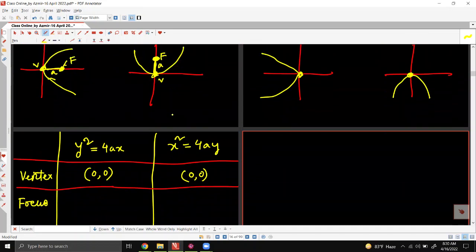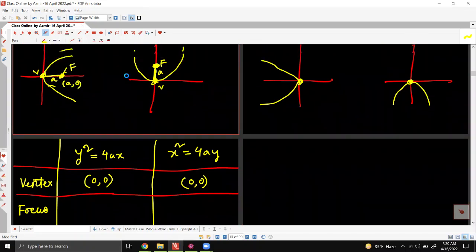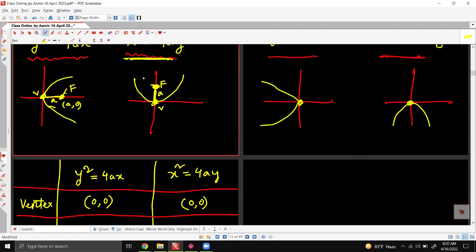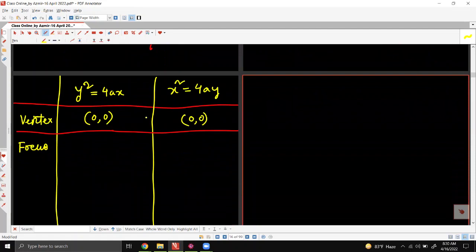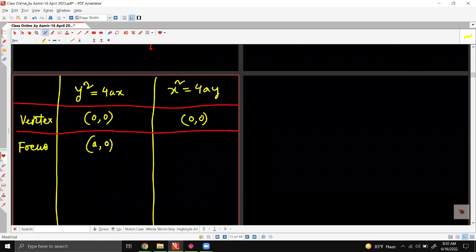This point has coordinates a, 0, and similarly this point will have coordinates 0, a. So the focus will be a, 0, that means x is a, y is 0. And for x squared equals 4ay, it will be 0, a, that is x equals 0 and y equals a.